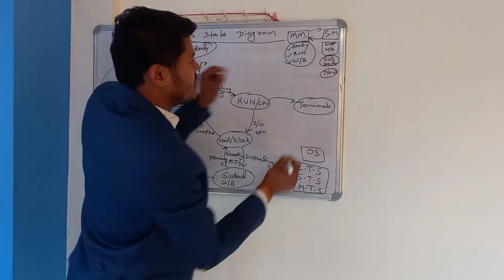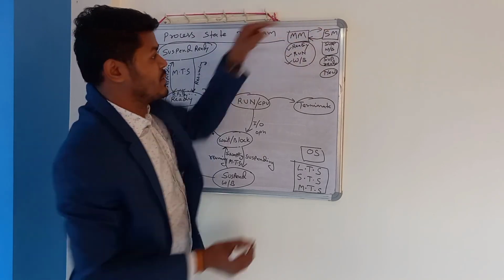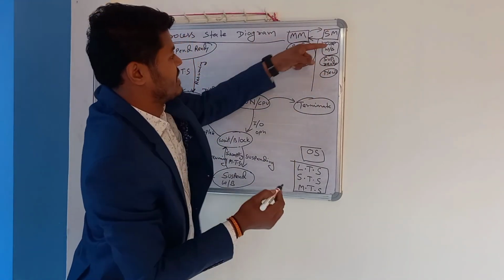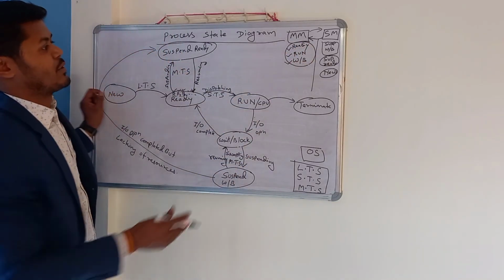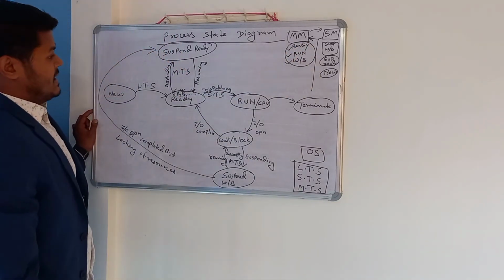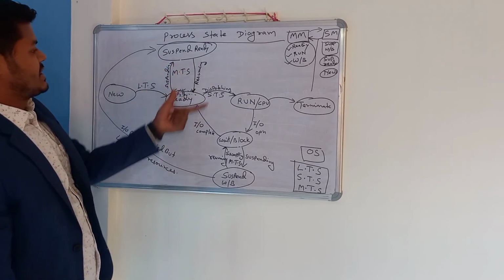These three states are in secondary memory, and these three are in main memory. This is a very important concept. So we saw the process state diagram.